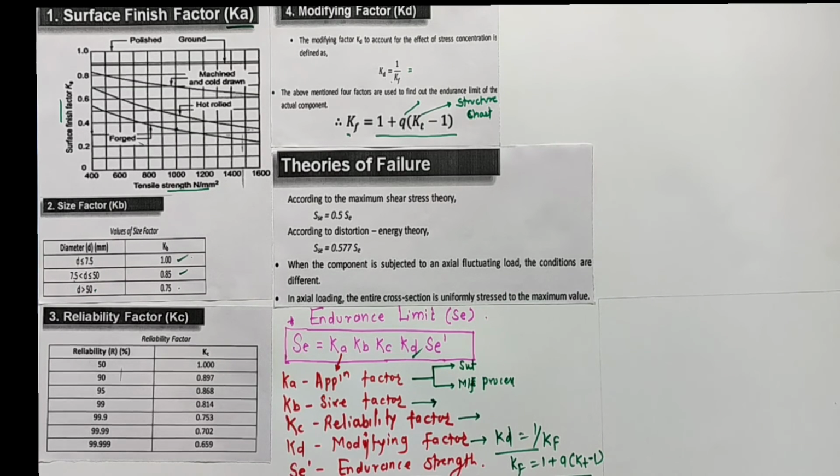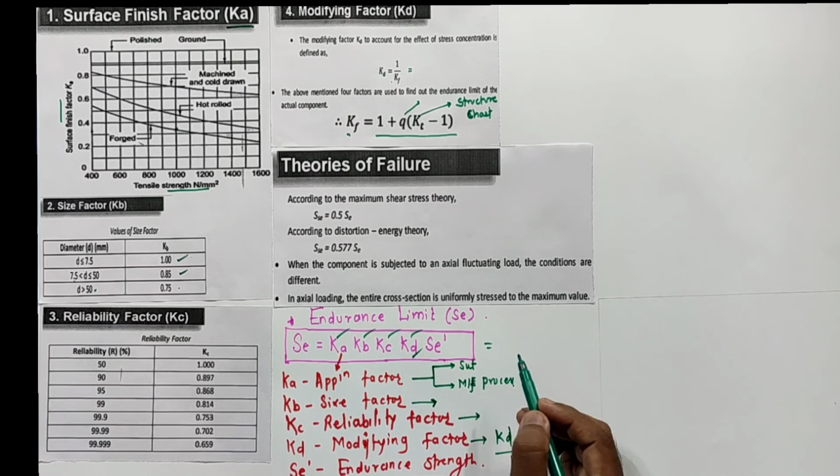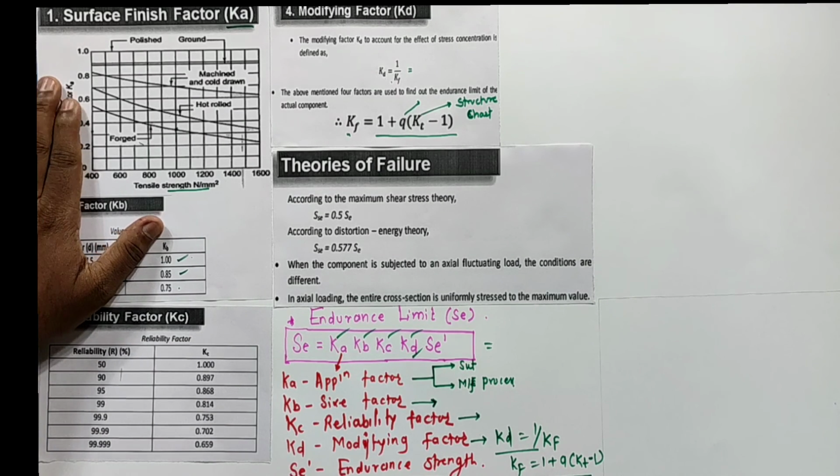Very important. So we have covered KA, KB, KC, KD, SE dash. Nothing else. Directly we get the values from the given charts and graphs. We just have to take them carefully and multiply them, and we get the endurance limit. Is that clear? So this is about the endurance limit. I hope you understood this session.